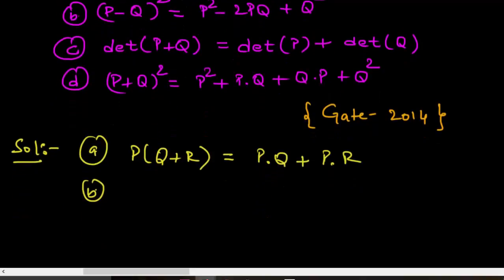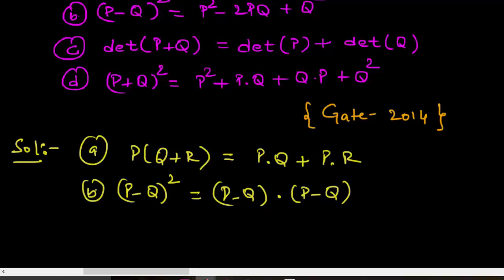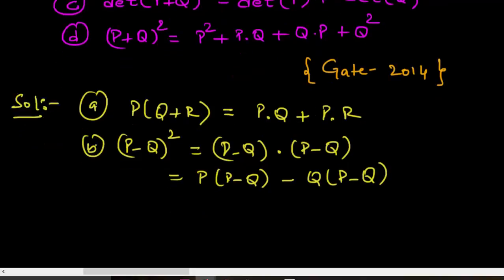P minus q whole square. Don't look at the option. Just try to multiply it yourself. So p minus q into p minus q. So this can be written as p minus q into p minus q. Okay. So now we have p into p minus q minus q into p minus q. Really simple.